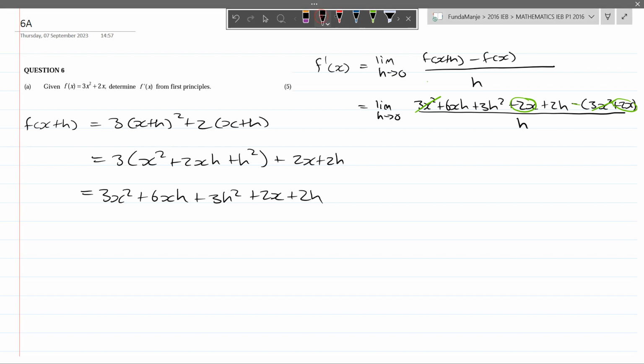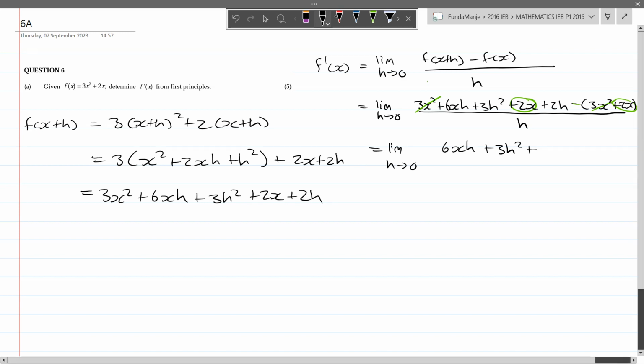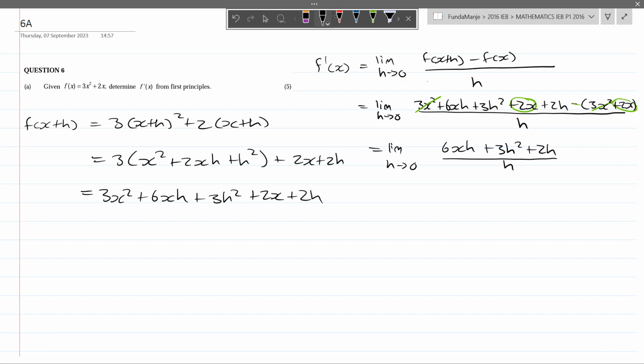We are going to have a remainder of the limit as h tends to 0 of 6xh plus 3h squared plus 2h, all over h.